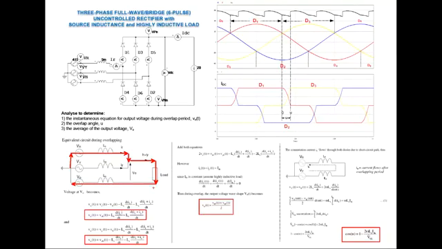We're going to consider that loop. It gives this equation: Vout(t) equals VR minus VB minus Ls dIR/dt minus Ls d(IR plus IY)/dt.